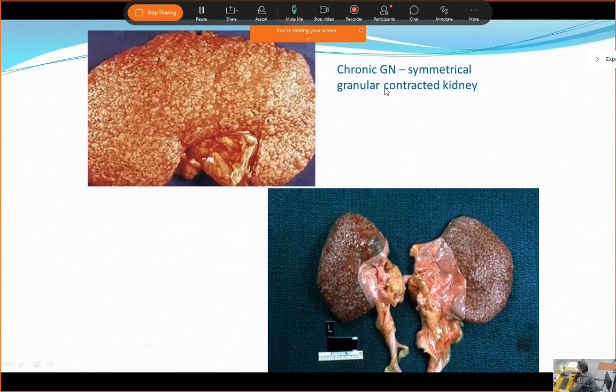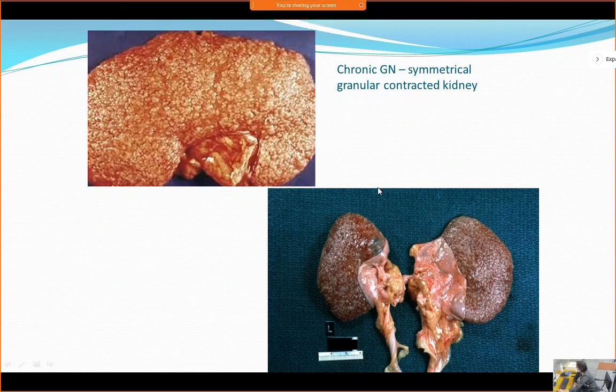Chronic glomerulonephritis, we don't usually ask you a question, but if there is an objective question, this is what they will ask. They'll give you a picture of a symmetrically granular contracted kidney. You can see they are bilateral, symmetrical, granular contracted kidneys. This is chronic glomerulonephritis.